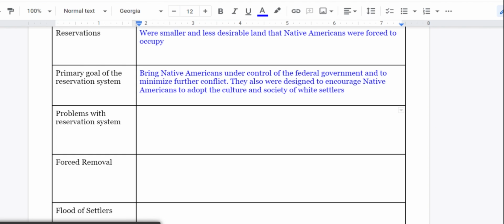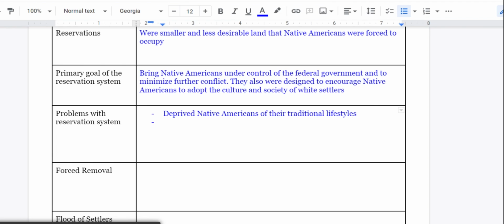Now that was the primary goal, but there were many issues with these reservation systems. What were some of those issues? Well, mainly, it deprives Native Americans of their traditional lifestyle. Many Native American tribes were hunters and not farmers, and they were what's called nomadic, or roaming around the area hunting with the animals.